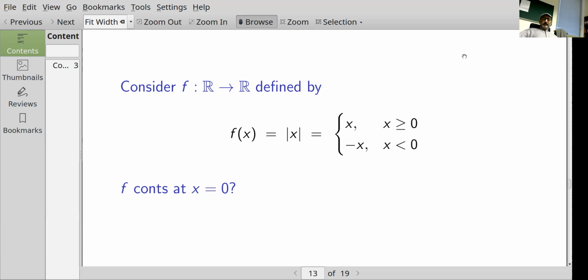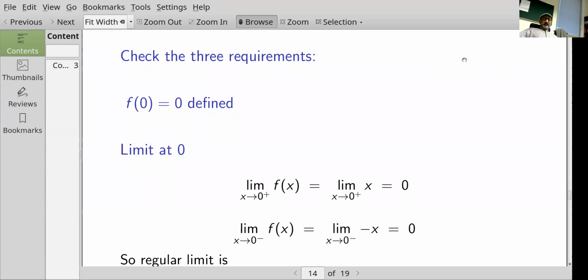Okay, the absolute value function can be defined like this. F of x equals x for x non-negative, and f of x equals minus x for negative x. So consider if f is continuous at x equal to 0.